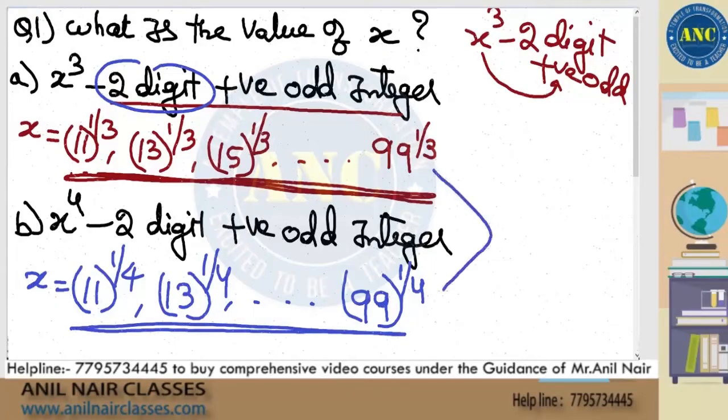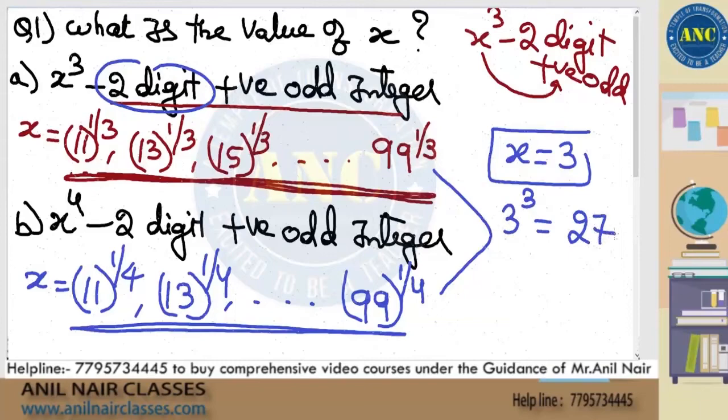If I combine x cube is a 2-digit positive odd integer and x power 4 is a 2-digit positive odd integer, the value of x is only one value, x is 3, which is nothing but 3 cube, which is 27.